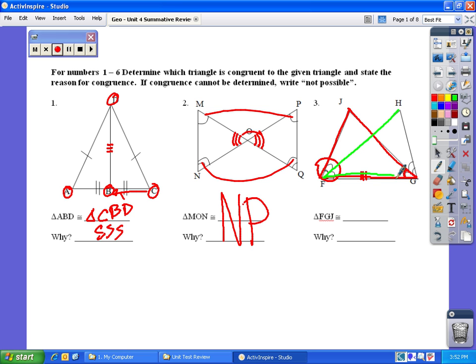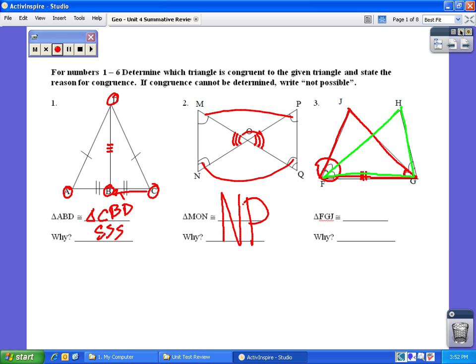The second triangle, triangle HGF, is congruent because we have the same angle here with 1 hash mark on it. This angle, which is congruent using the angle addition postulate and substitution, and then we have our congruent side.